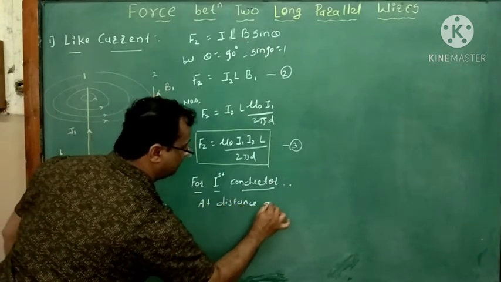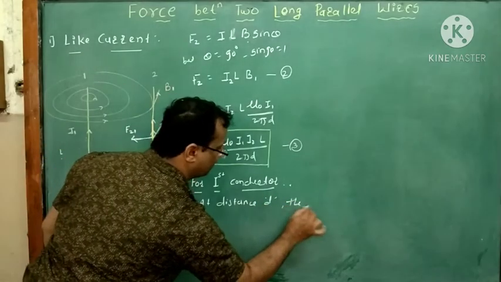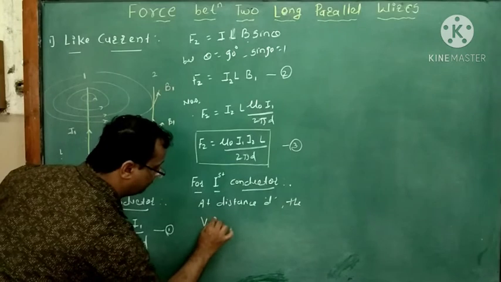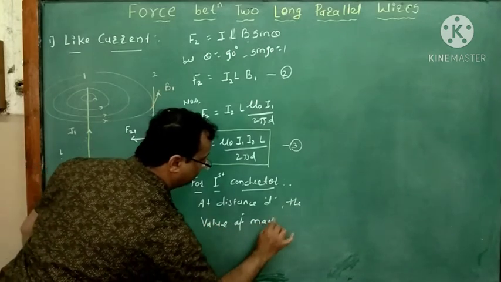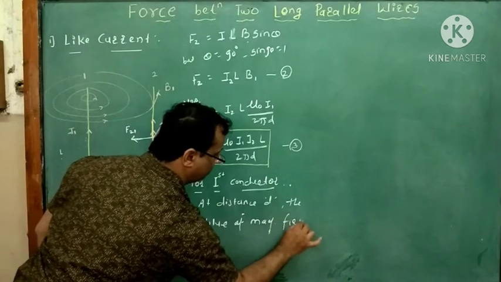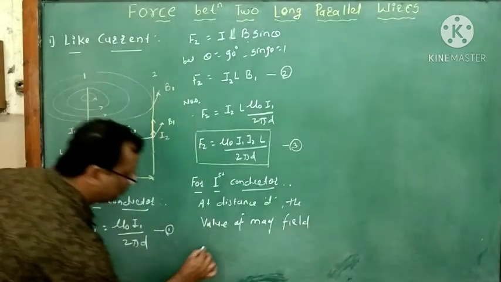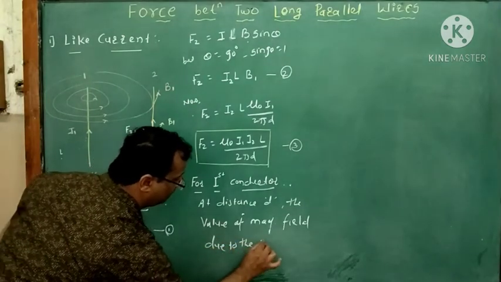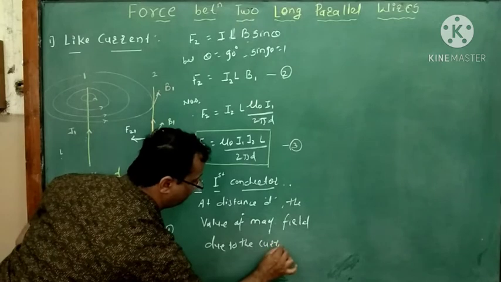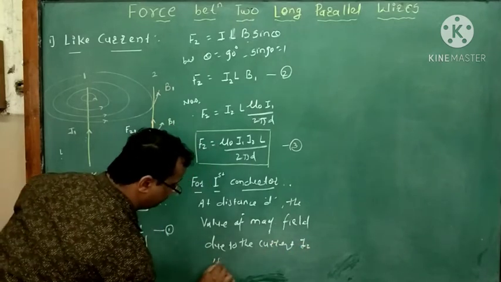So at distance d, the value of magnetic field due to the current I2 is, what do we get?